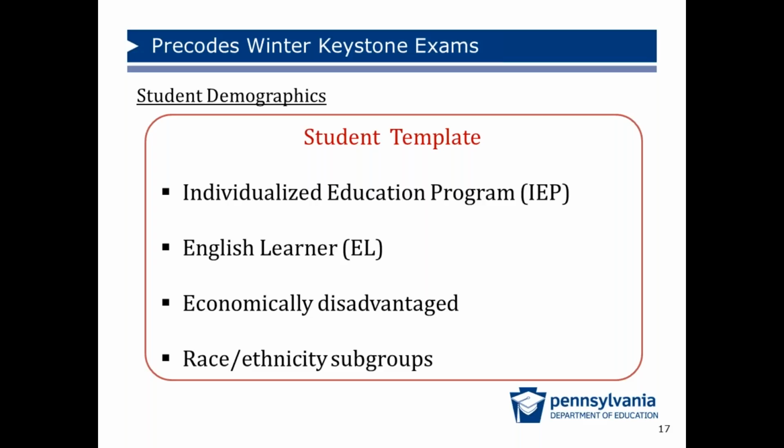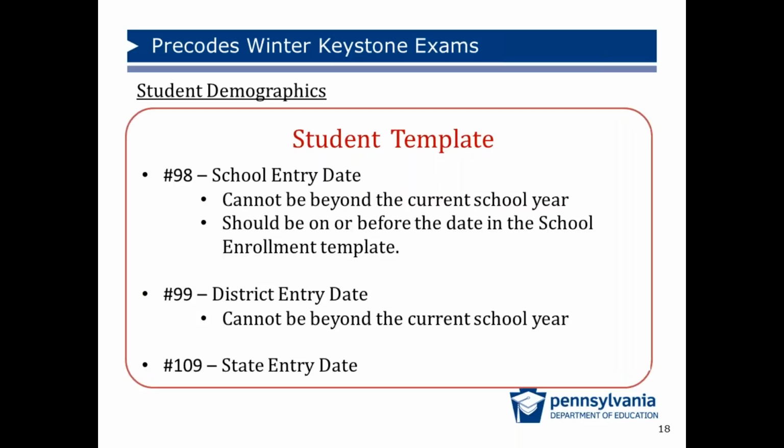Demographics include students who have an IEP, are English learners, or economically disadvantaged. Also, race and ethnicity is a good way to match a student record in the attribution system. In the student template, we have fields 98, 99, and 109, and I think I've explained the importance of getting these fields right.